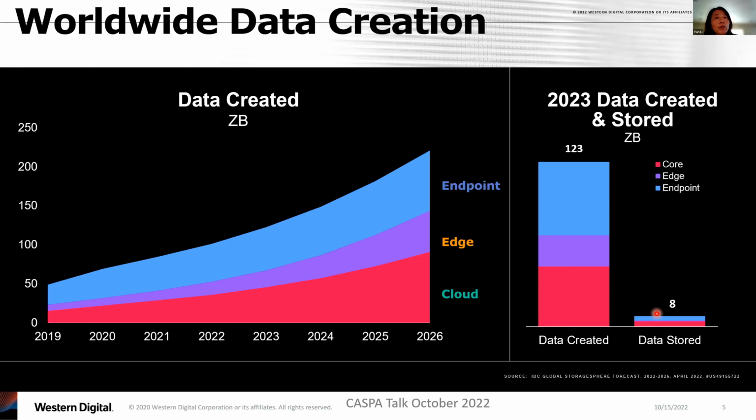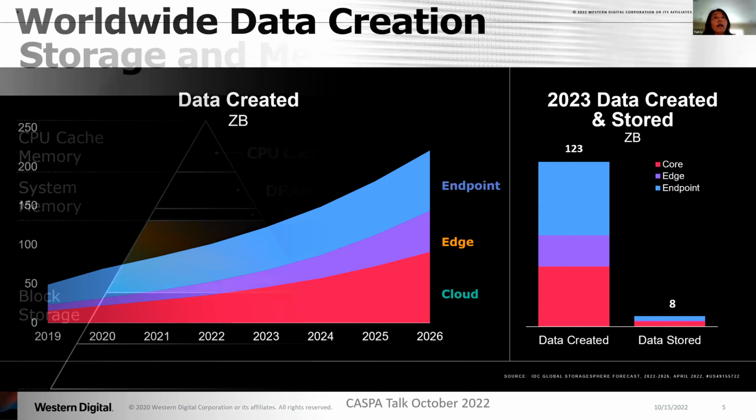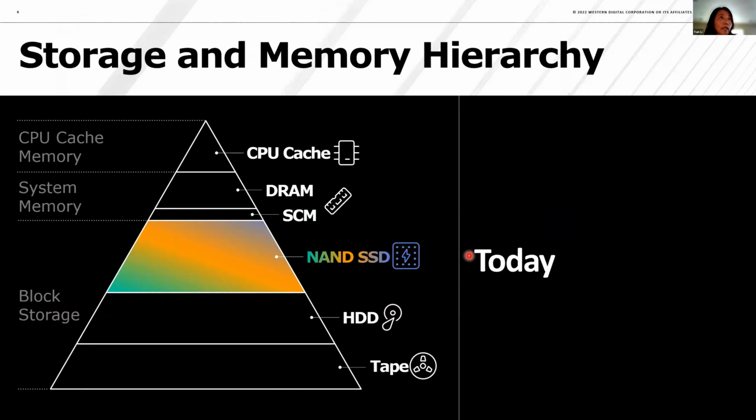Western Digital is in the business of generating storage, and in terms of storage, I want to give you a little bit of the computing hierarchy. Our previous speaker, Bill, talked about the CPU. Further toward the bottom, things usually get cheaper, but we usually need more of them.